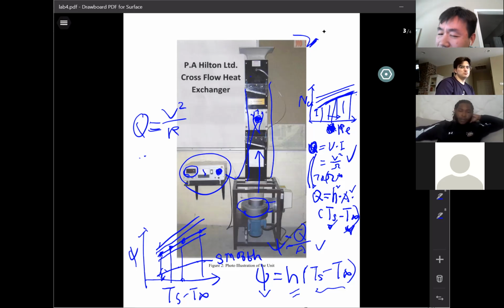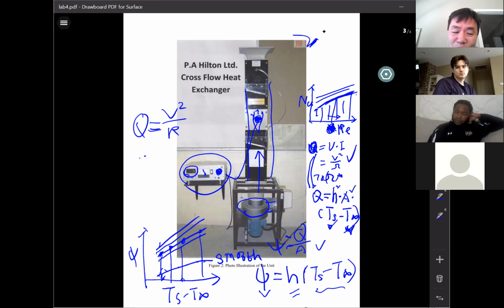So how do you get the h for the smooth tube? Let's make it a little easier for you. You can use 2 correlations, equation 6 or 7, just one of them. Put in the Reynolds number, then you will find your Nusselt number, and then your h for the smooth tube.